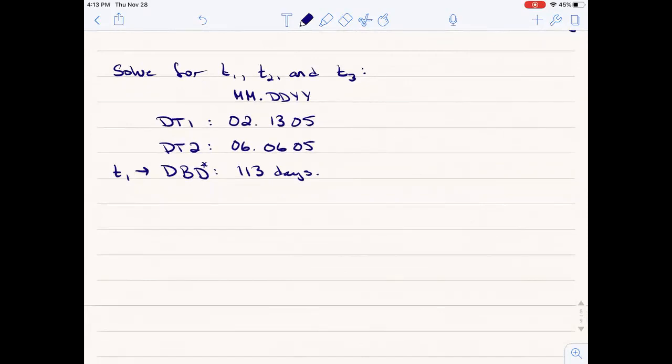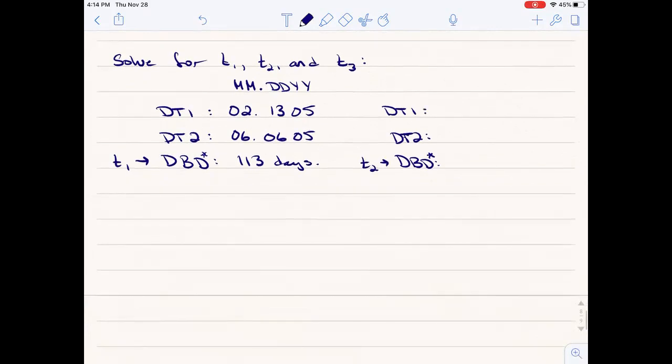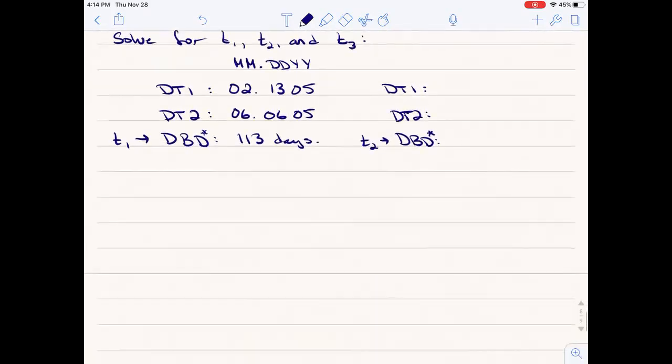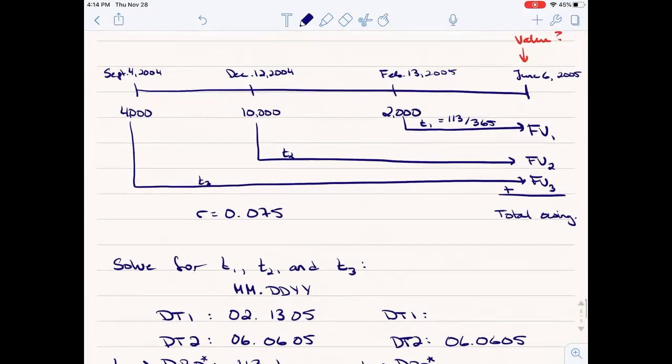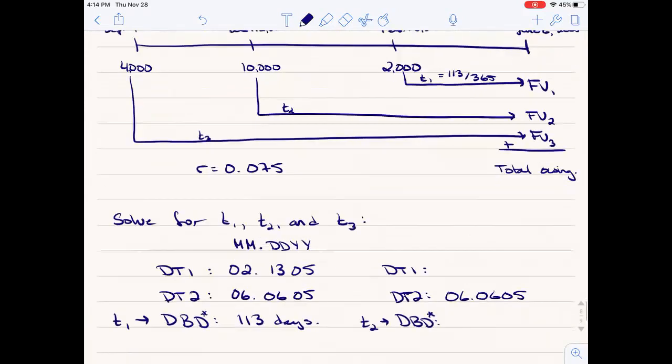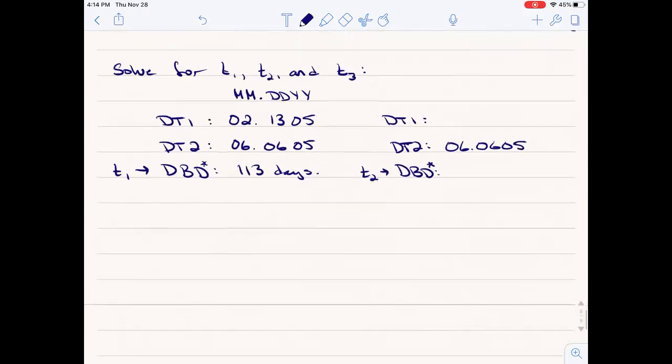To save a little bit of space here, I'm going to do another date 1, date 2, and the days between dates for T2. Date 2 is going to stay 06/06/05. But date 1 is December 12th, 2004.